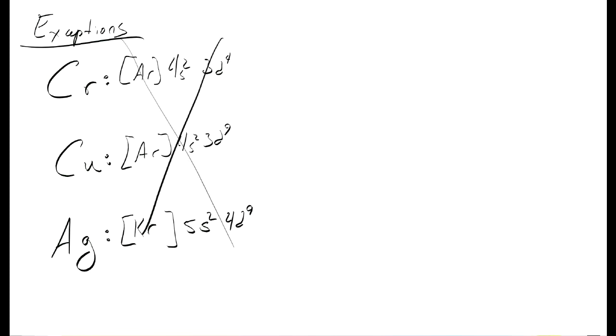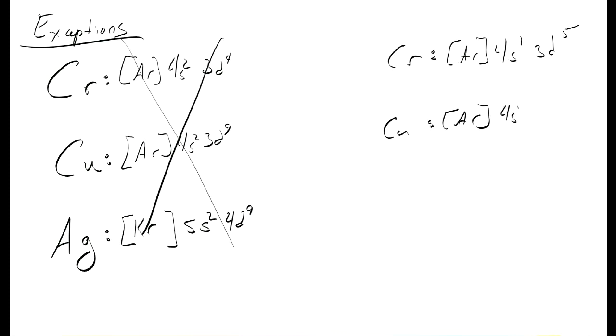This is what they actually are. Chromium is argon, 4s1, 3d5. Copper is argon, 4s1, 3d10, and silver is krypton, 5s1, 4d10.